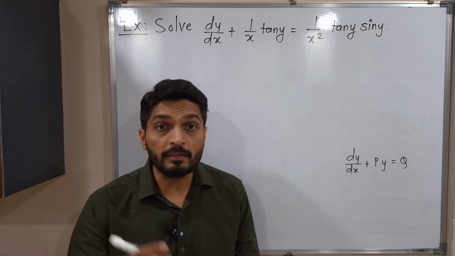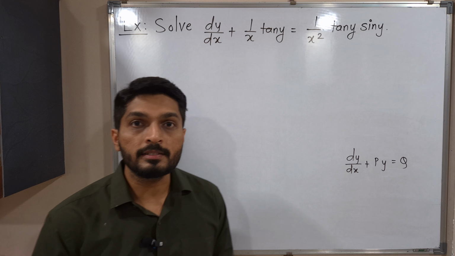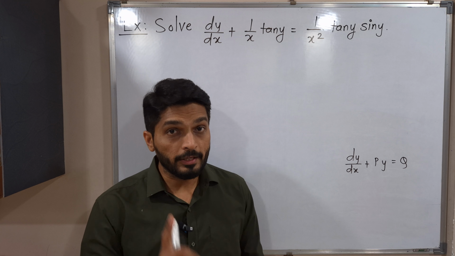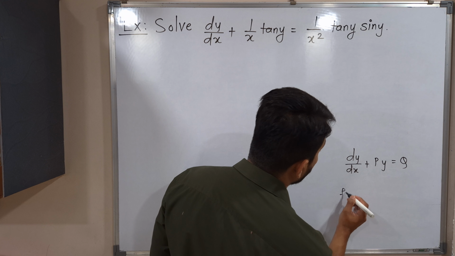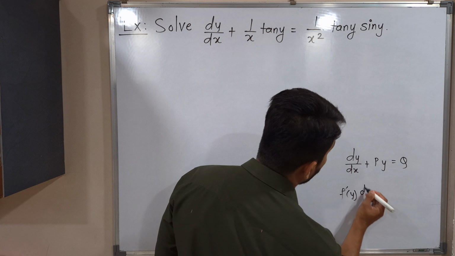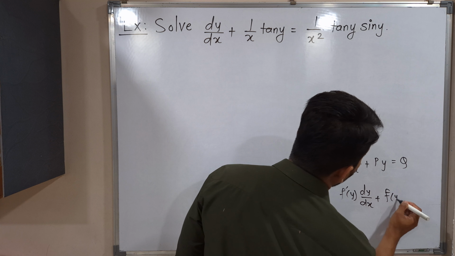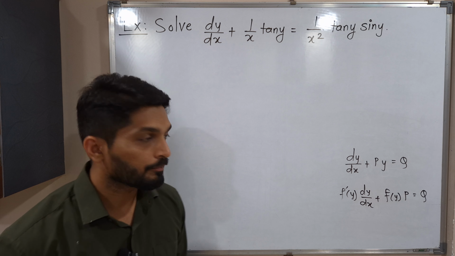So when you have this term dy by dx, then definitely it is first order linear differential equation or reducible to linear. Okay, reducible to linear is also there, one more format is there, that is f dash of y dy by dx plus f of y p is equal to q, right?